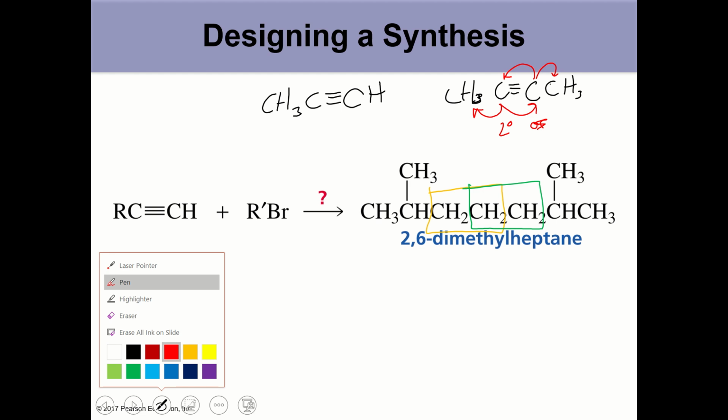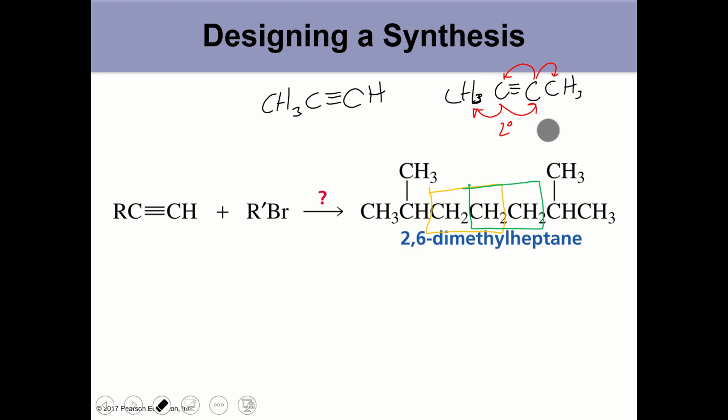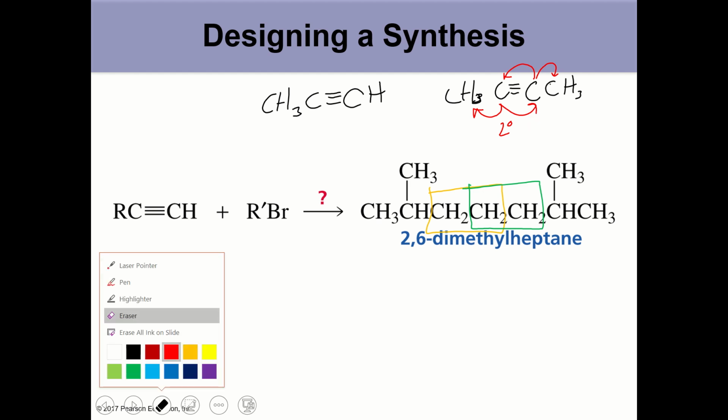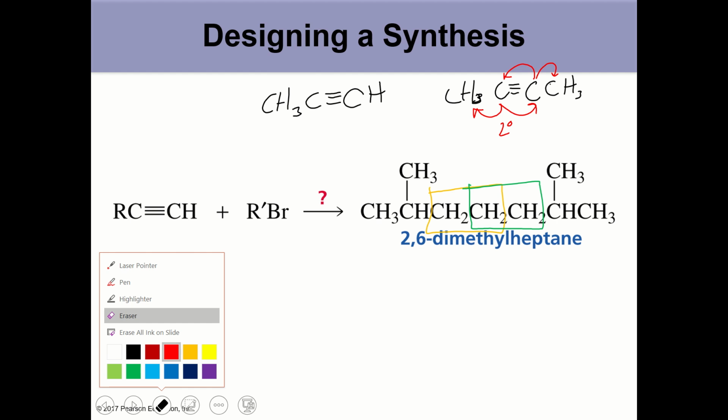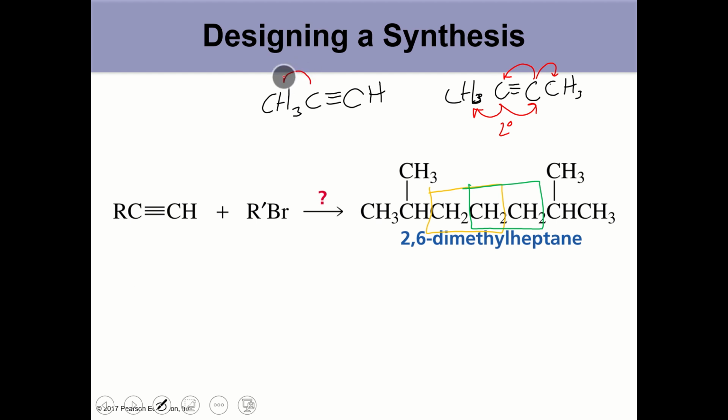So alkyne carbons can only be secondary, or in the case of the terminal alkyne, we could have 1, 1, 2 bonds to carbon, or for the terminal carbon, only 1 bond to carbon. So that gives us a primary carbon and a secondary carbon at best.